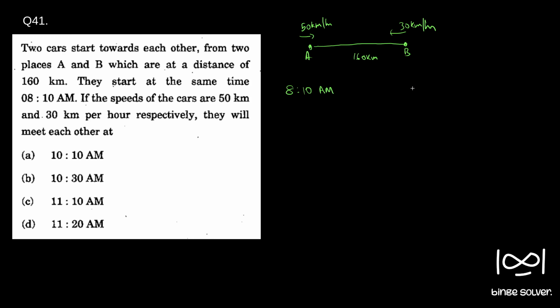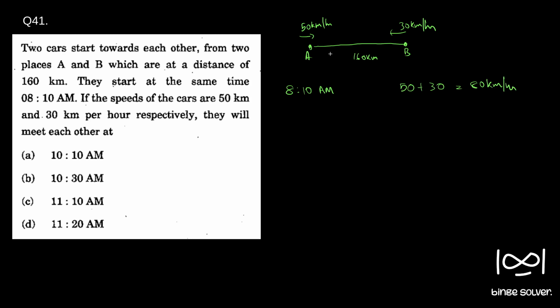This question can be easily solved using the concept of relative velocity. So we'll make A stationary and B travel towards A. The relative speed of B when A is stationary is V1 plus V2, which is 50 plus 30, 80 kilometers per hour.